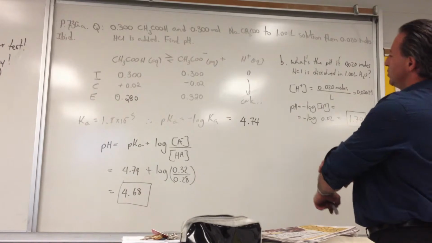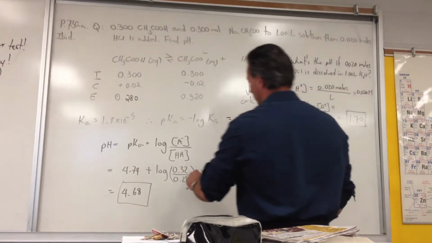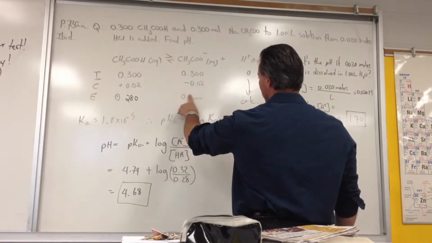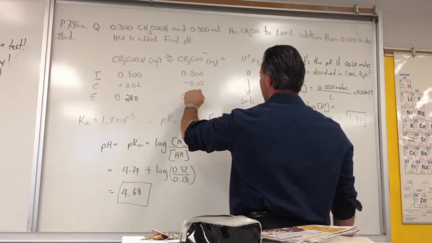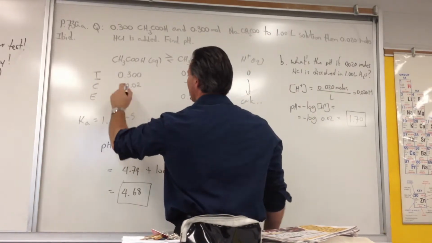Added HCl. It should be the other way around. I just wrote it upside down. This decreases to 0.280.